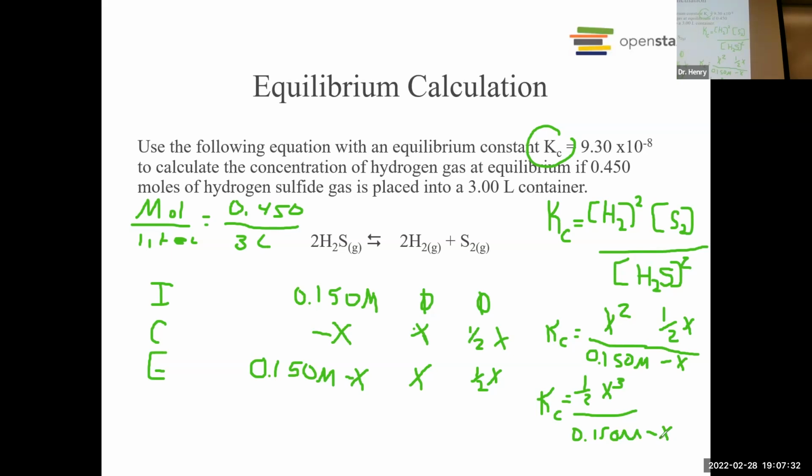Now, this is where we apply the 5% rule, right? So we assume that this value here is going to be less than 5% of this value. If it's less than 5%, we're just going to make this a 0, so we're not going to take it into consideration. Oh, and I forgot to say this is squared, right? Sorry.